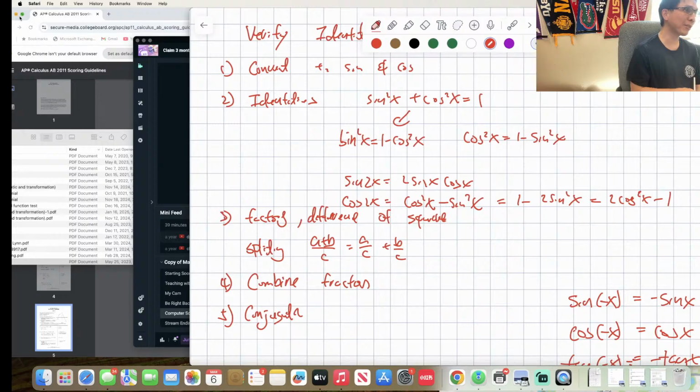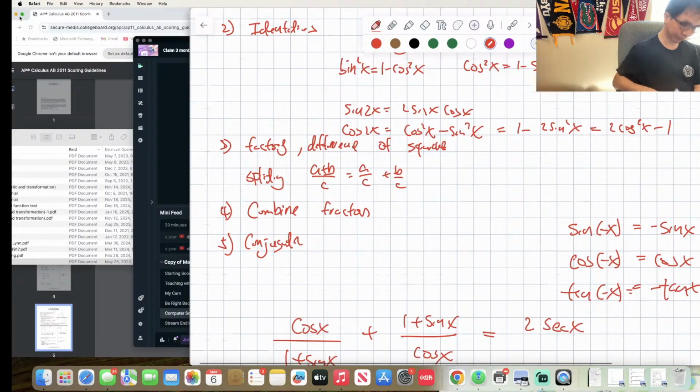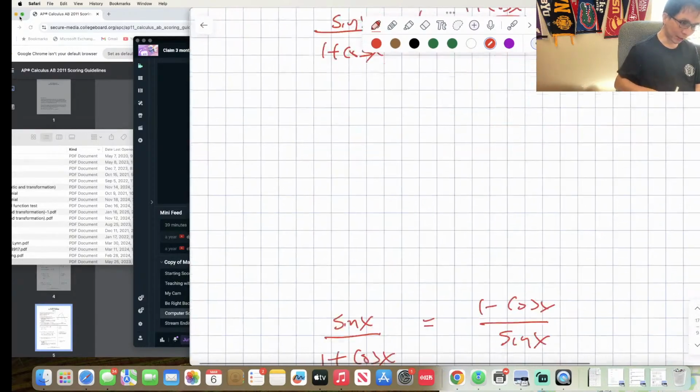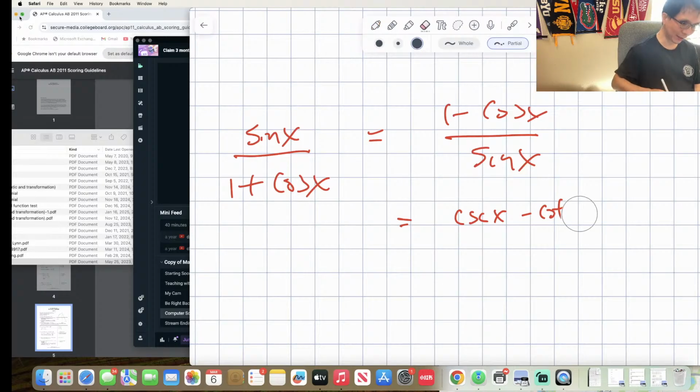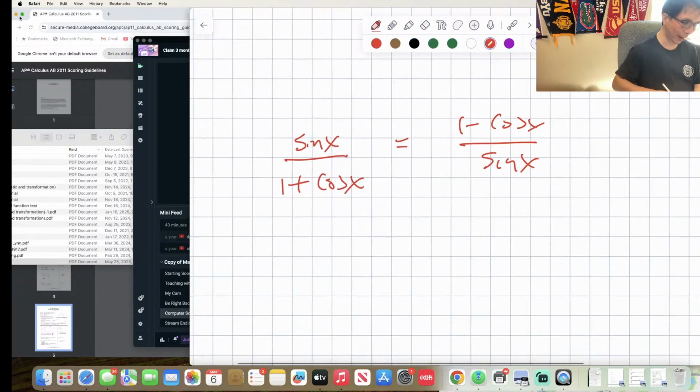We have used split on the homework. Conjugate. The problem is you can split this, right? If you split this, that's just going to be cosecant of x minus cotangent of x, and that gets you nowhere. That's just kind of a bad situation.